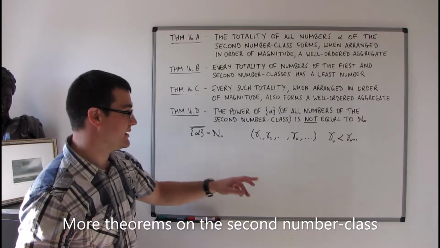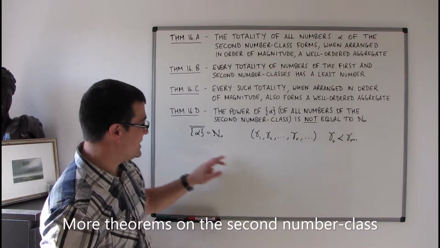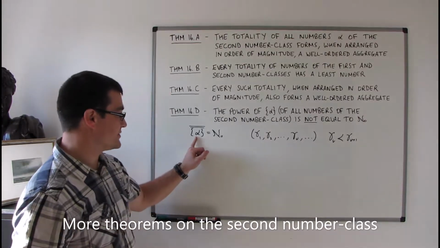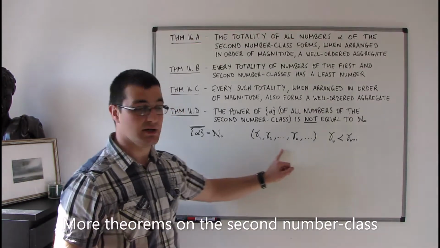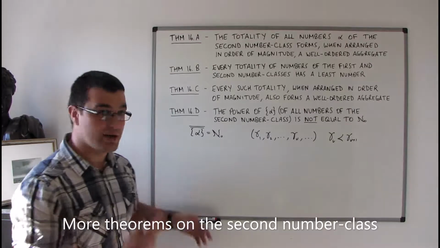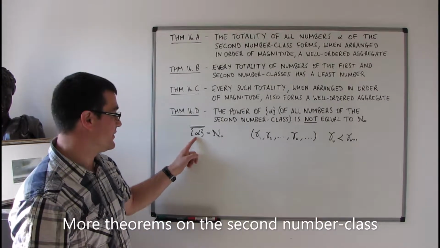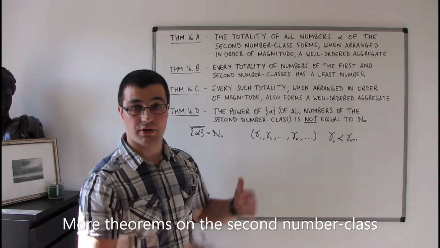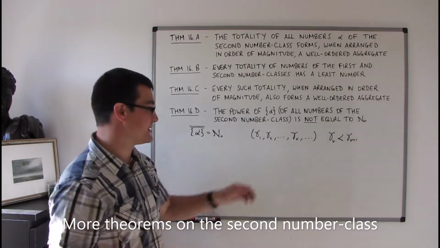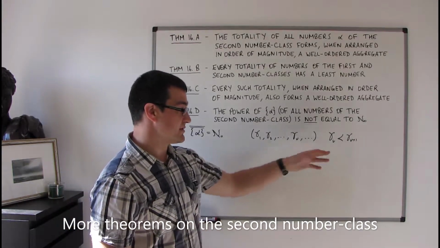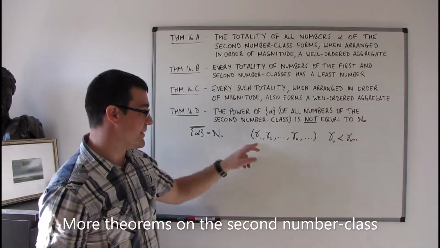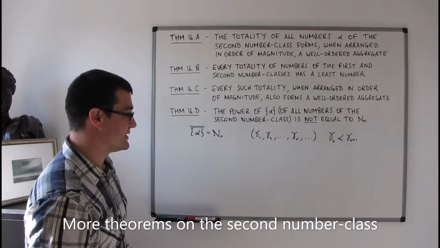I can't say that, because to get from here to here, all of the elements of the second number class which are in here are in this sequence somewhere, but I've had to break up the original order. So this was arranged in order of magnitude. This is just some other ordering that I've placed now between the elements. So it is a simple ordering, but it's not determined by the magnitudes of the actual numbers in there.